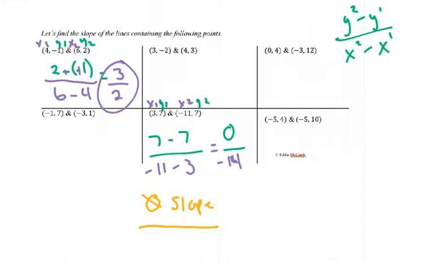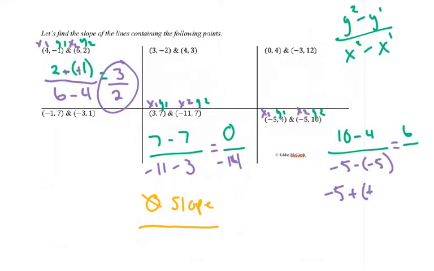Let's try one more. X1, X2. So we have 10 minus 4 all over negative 5 minus a negative 5. All right, well, 10 minus 4, we got that. We know that's 6. But a negative 5 minus a negative 5, that is the same thing as keep, change, change.